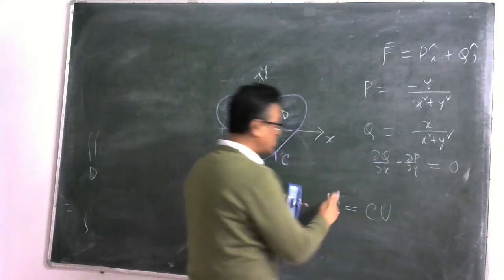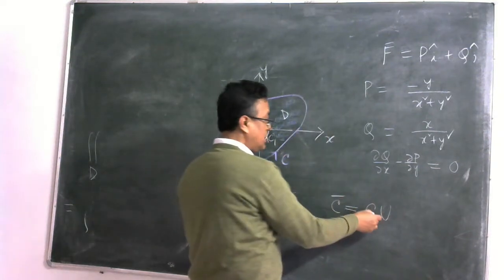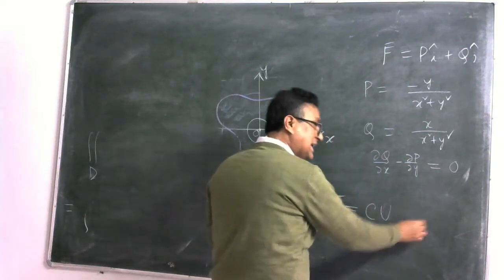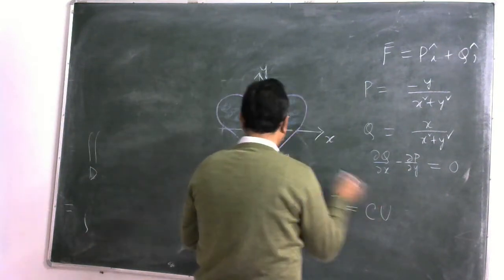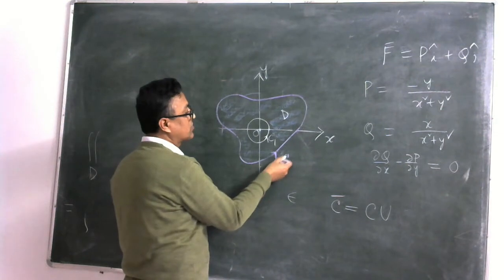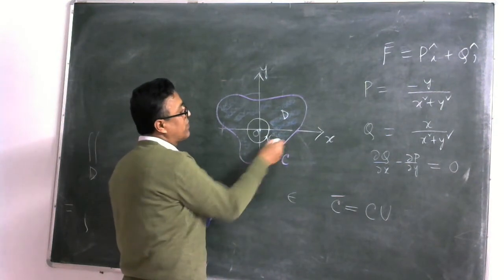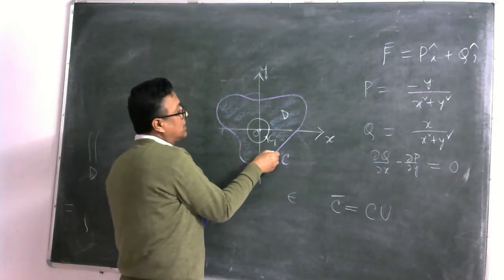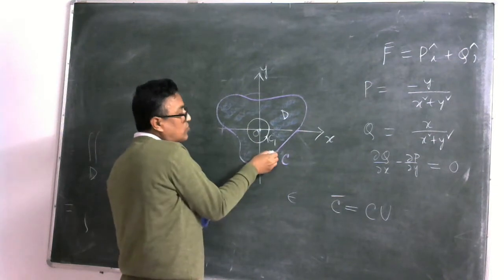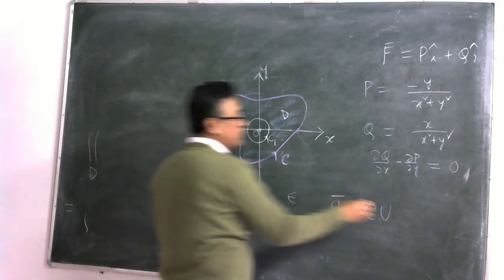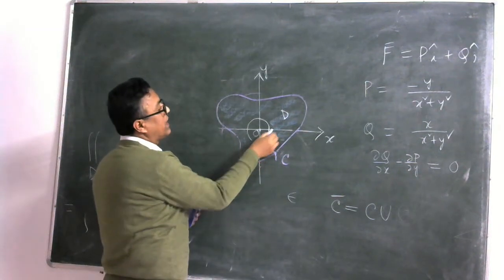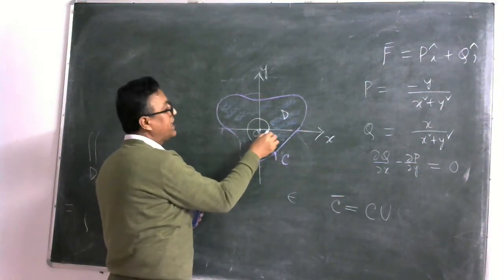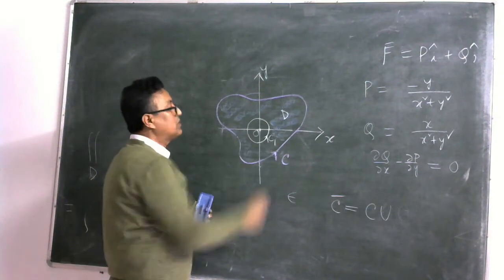Obviously, if I want to consider it as a union of C and another curve, then I already have positive orientation for C, because if you move along C, you are going to see this region towards your left, right? But for the other one, if you move along C1, then this region D is going to be to your right.